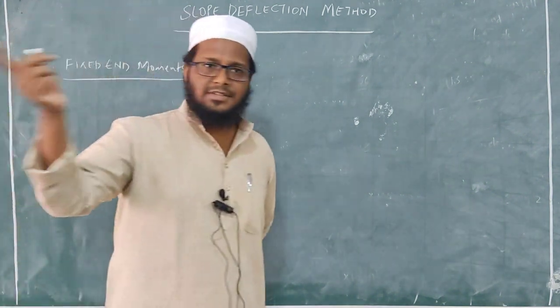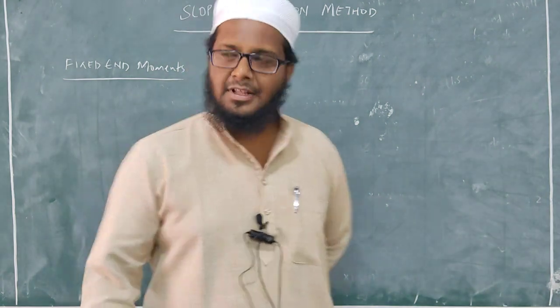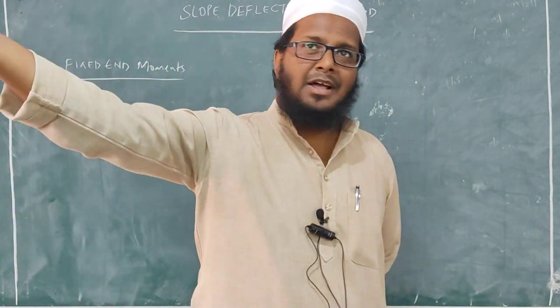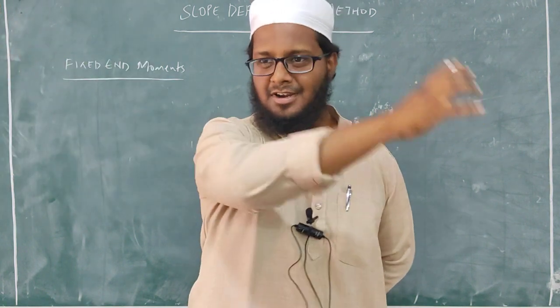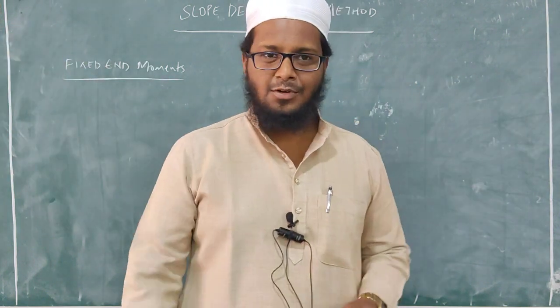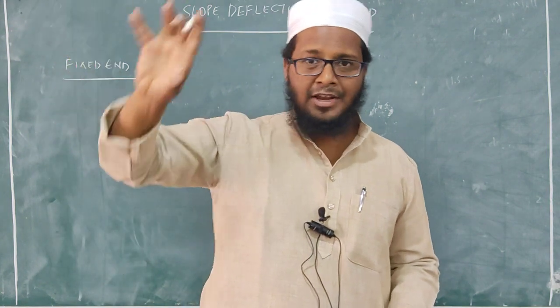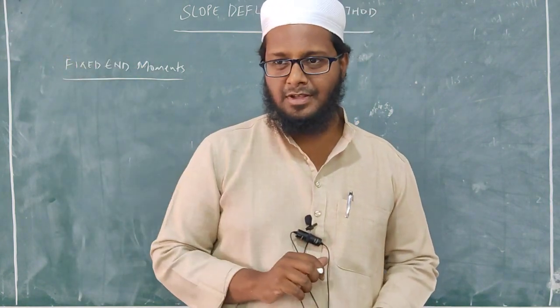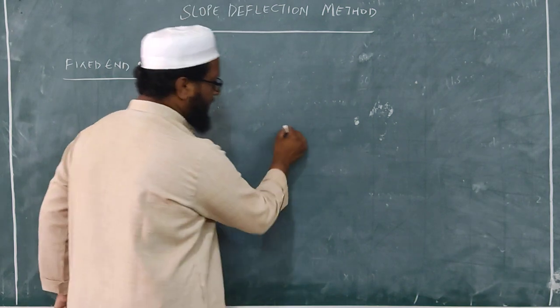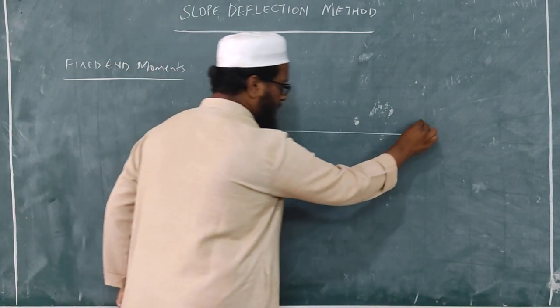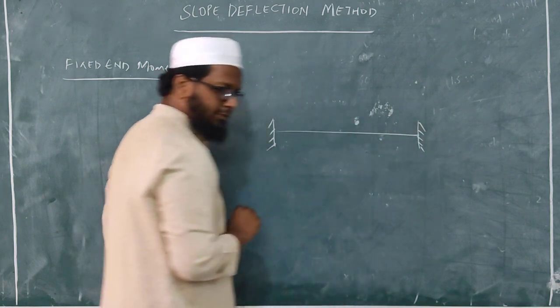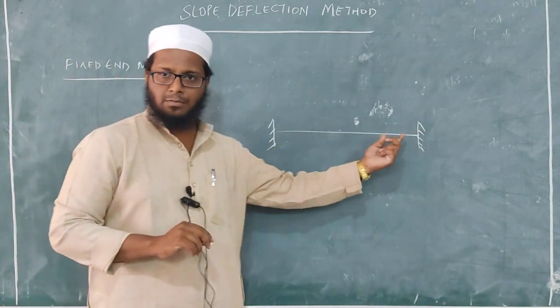What are fixed end moments? You can see in our structures, RCC structures, the beams are fixed at one particular junction, so that point will create moment. Suppose I have a beam fixed at one support and fixed at another support as well. We have fixed supports on both sides.